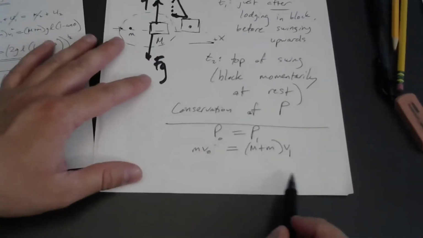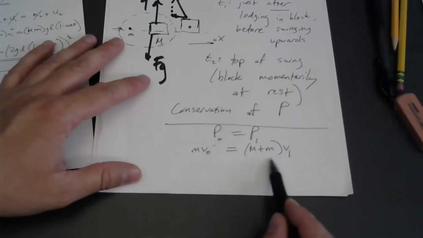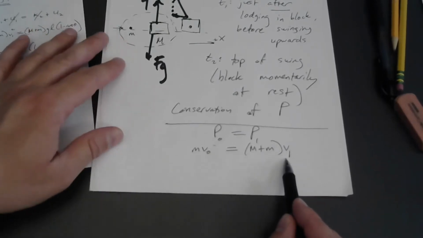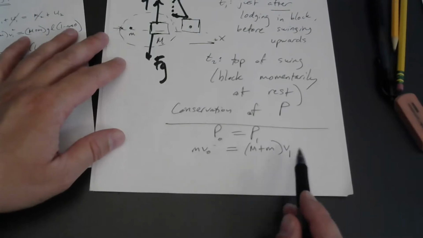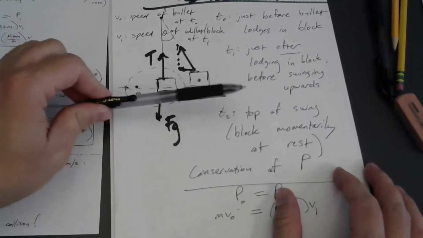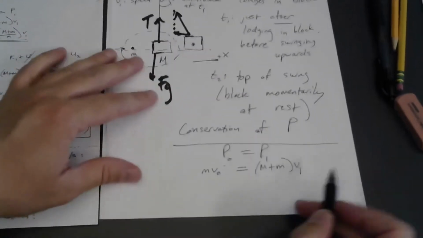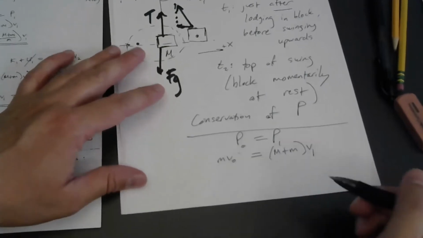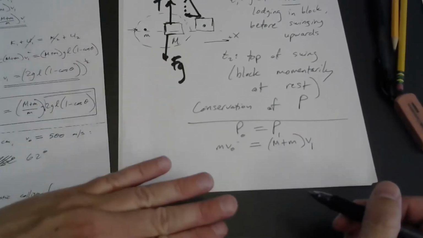So I'm still using the formula mass times velocity, but now it's the combined mass. This is the velocity at time 1 by definition. And I don't have to add a minus sign because obviously we expect the block to be moving to the right. And not only that, but it has to be positive because it's positive before. And the value of the momentum should not change.